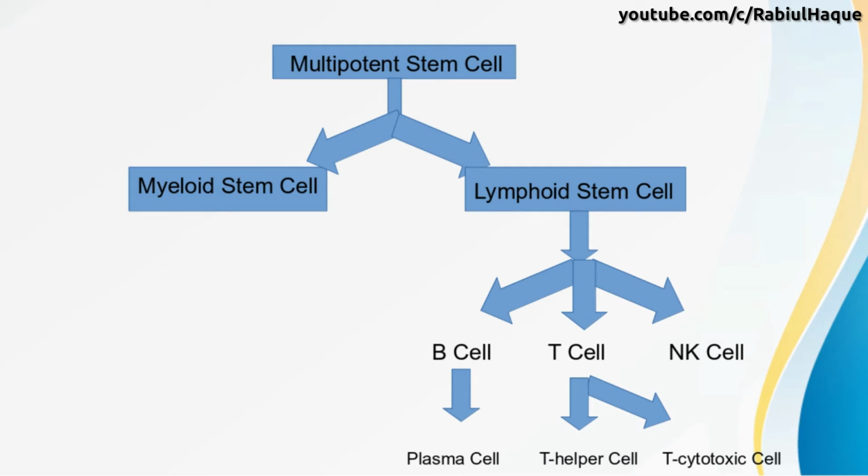We can also see that some of the lymphoid stem cells will ultimately be committed to produce natural killer cells. So this is a simplified overview, and we will talk in detail in the later half of today's video regarding the steps that are involved in T cell development. So don't worry.